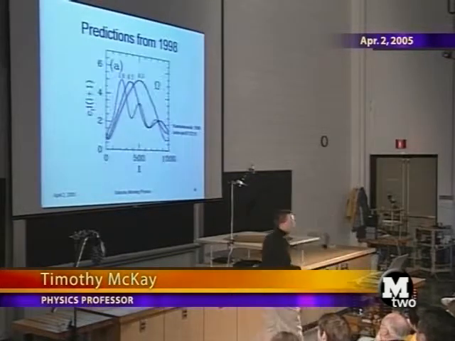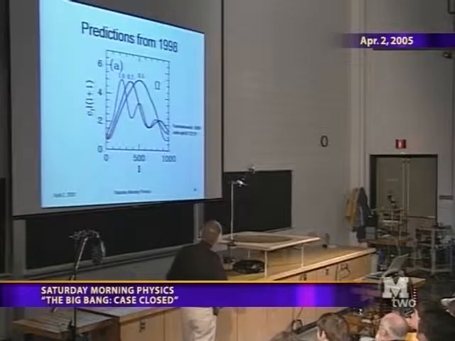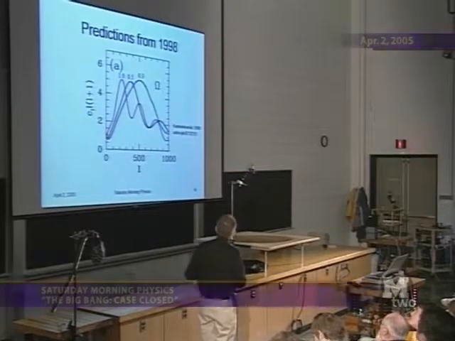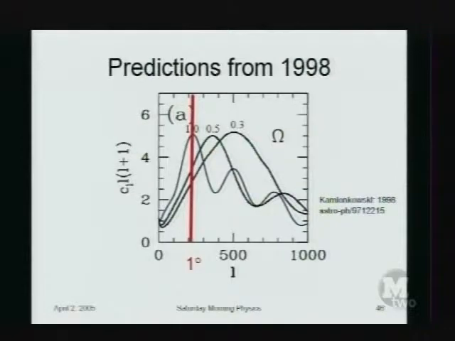And if we just concentrate on the one we talked about, that total matter density, it predicts how large these fluctuations ought to be on different size scales for different matter densities. And if the universe is flat, you should find things at a certain place, and that corresponds in these figures to 1 degree, just like we saw in the picture. You should find things that are 1 degree in size. And if the universe has a lower matter density, then you'll find things that are actually smaller.